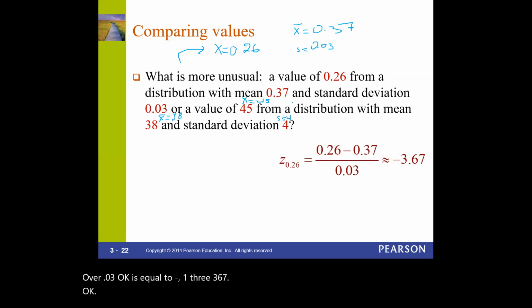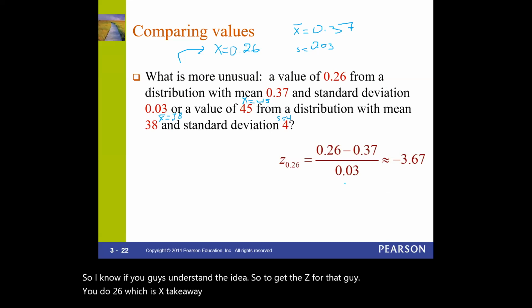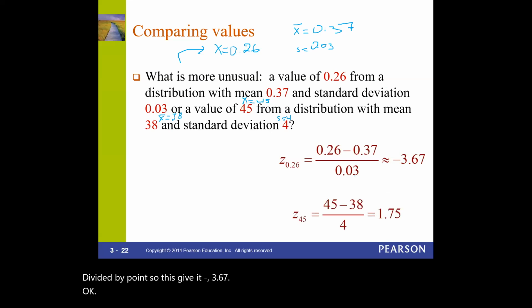I don't know if you guys understand the idea. To get the Z for that value, you do 0.26, which is X, take away 0.37, divided by 0.03. This gives negative 3.67. And also, if you do 45, this one gives you 1.75.